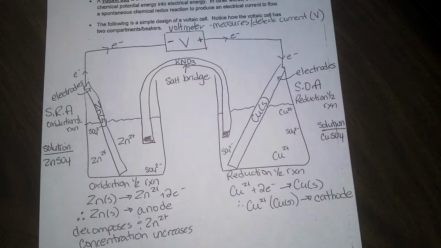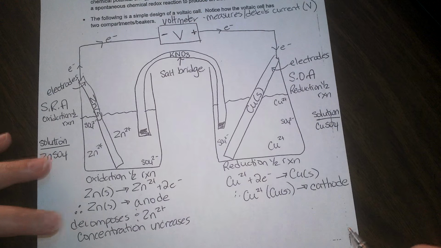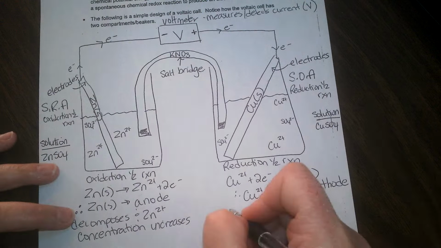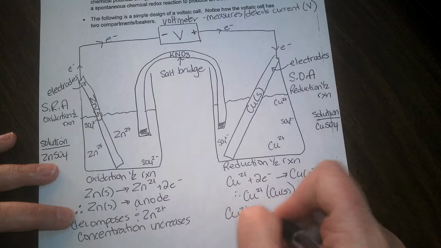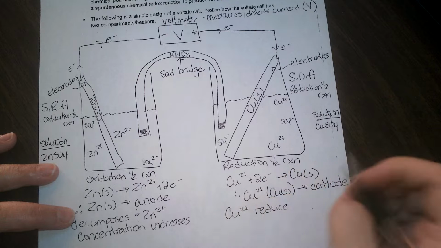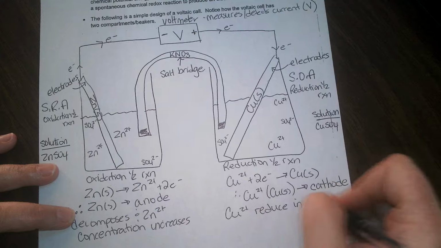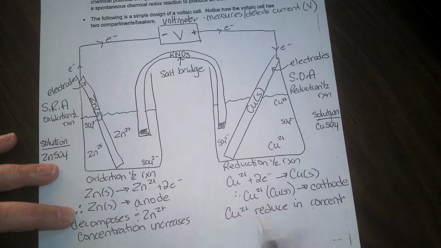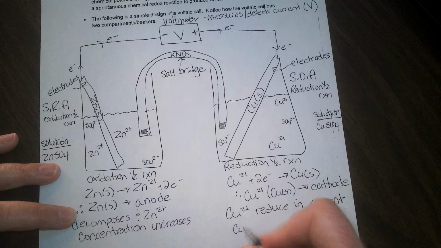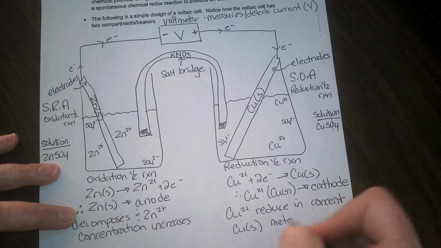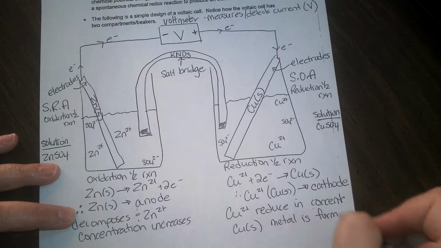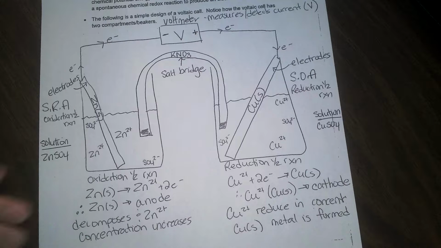That still lends itself to this piece. So we're going to see copper 2 plus ions reduce, or decrease in concentration, because that's what it says. Copper 2 plus is eventually going to go and build copper solid. And the copper strip, okay, the copper strip is going to build up.